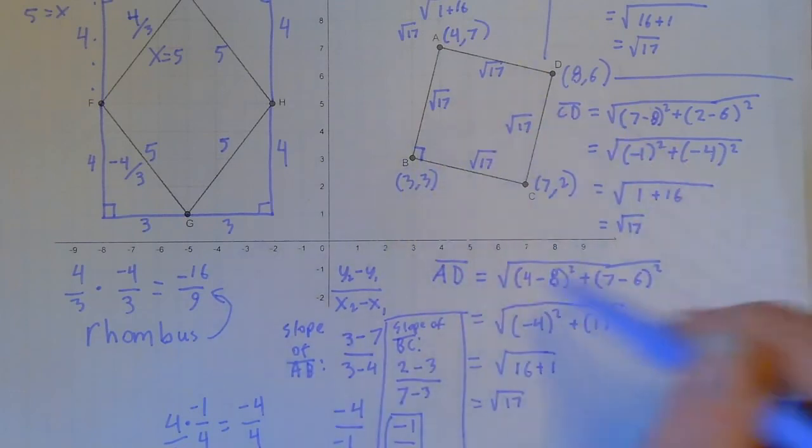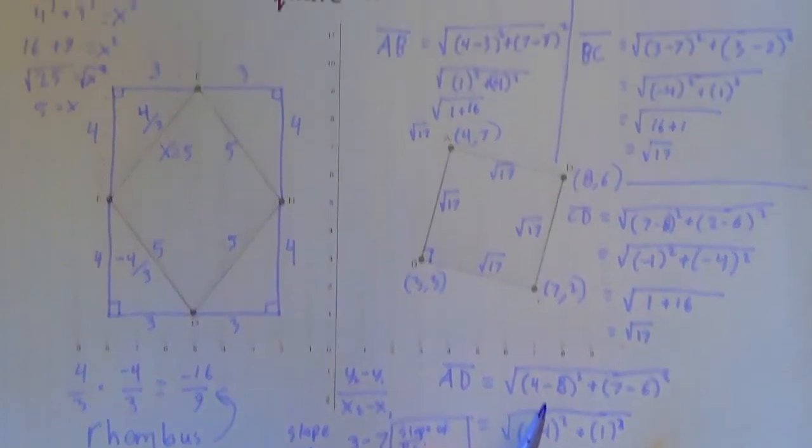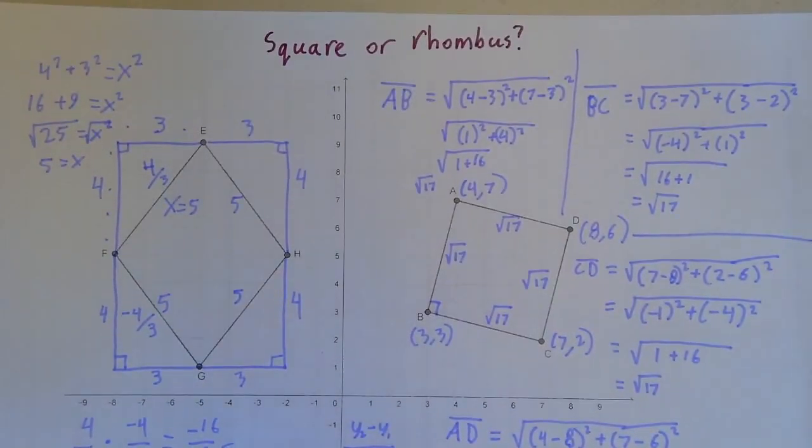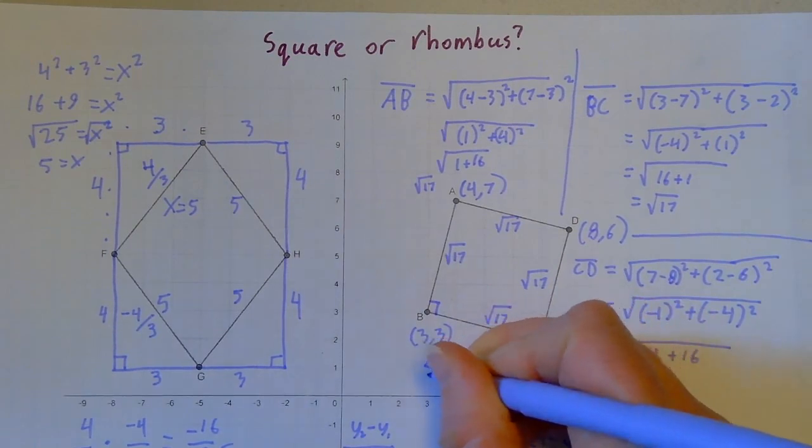If you chose to check all of the rest of the angles just to be sure, you could do that. But at this point, you would probably like to be done. So remember, to tell if something is a square or a rhombus, not only do you need to make sure the sides are all the same length, you need to see if the angles are right angles. And this one is a square.